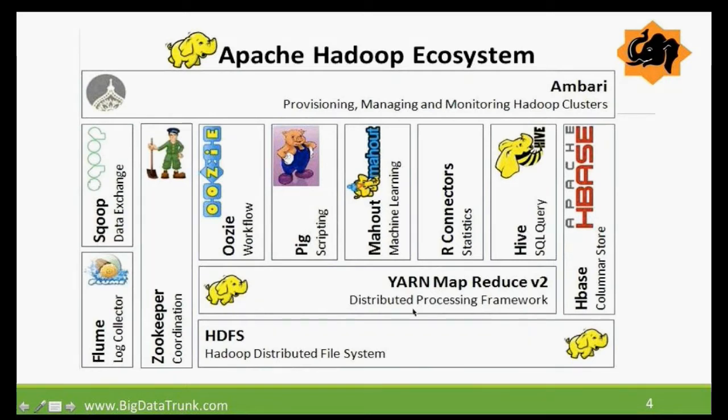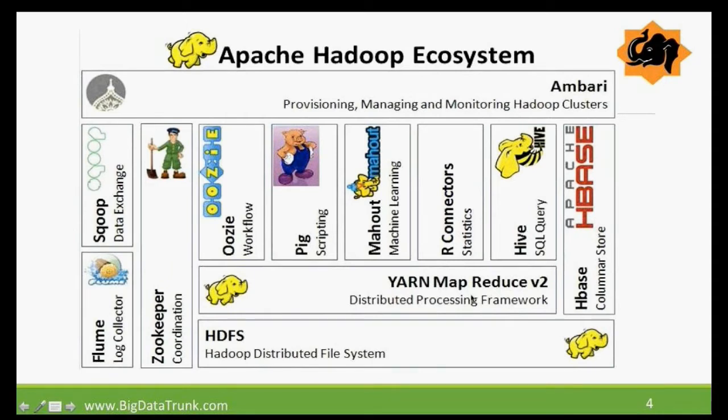Each box plays an important role in this whole ecosystem or serves a certain purpose. At the bottom is the Hadoop Distributed File System. Any data which is brought into Hadoop is primarily stored as a file system. Even if it's coming from a database or other sources, it's eventually kept in a file system, which could be in the storage mechanisms on all those slave nodes in a cluster.